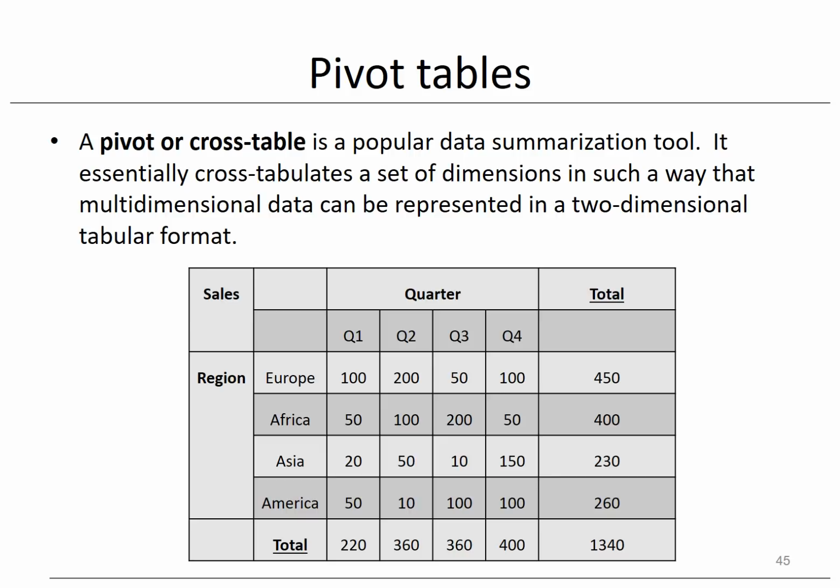You can see an example illustrated here, where the dimensions region and quarter are summarized in terms of aggregated sales. Note that a pivot table also contains row and column totals as depicted.